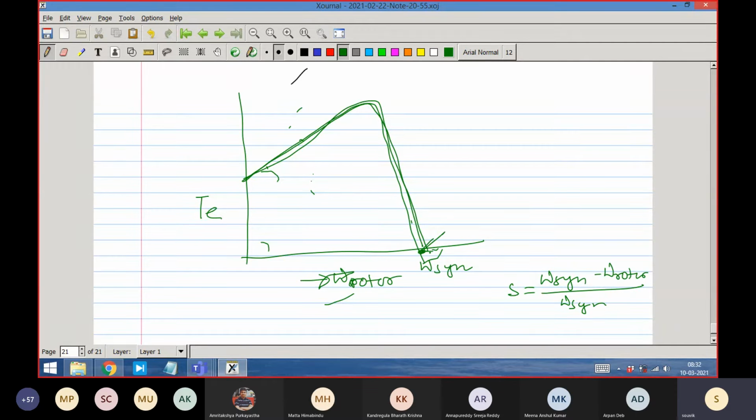This is corresponding to one omega sync. I am going to a different omega sync, and I am drawing the characteristics like this. This is the second omega sync, omega sync 2. This is omega sync 1. Now, what is your question?